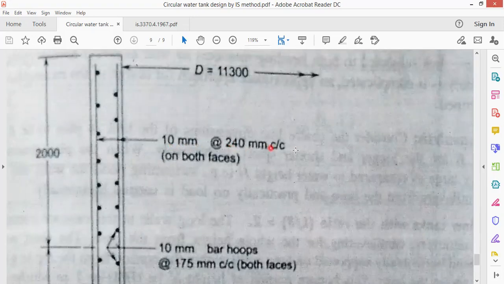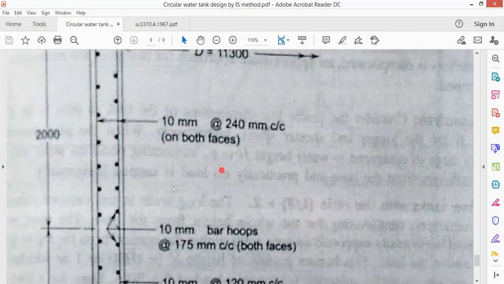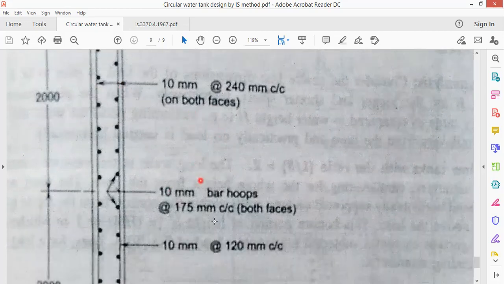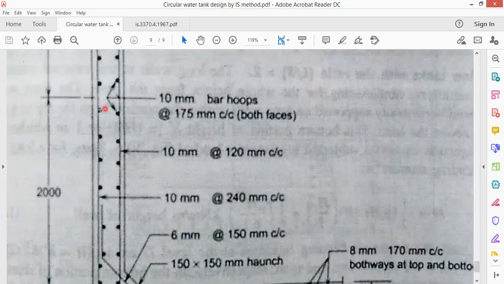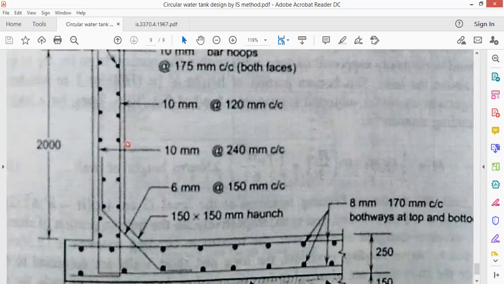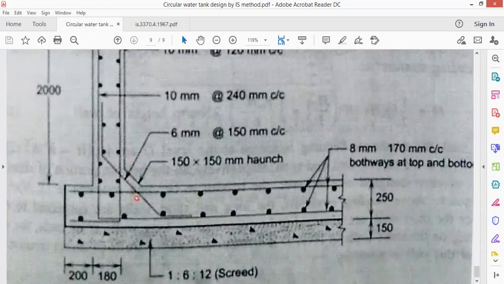Spacing is 240 mm center to center on both faces we have provided, but the same bars at the depth of 1 meter height or 2 meter height, let's say, we have provided at 120 mm center to center distance, right? And then hoop tension bars are provided, 10 mm bars or hoops at a spacing of 175 mm center to center, again on both faces, outer face and inner face.